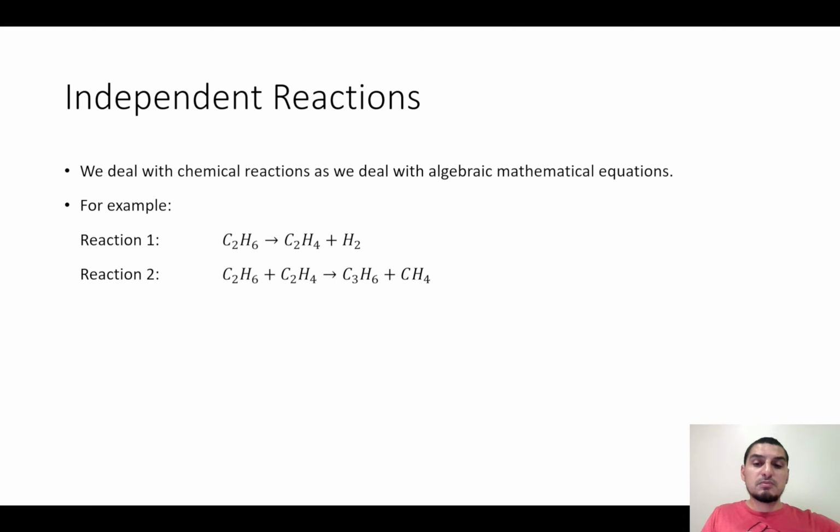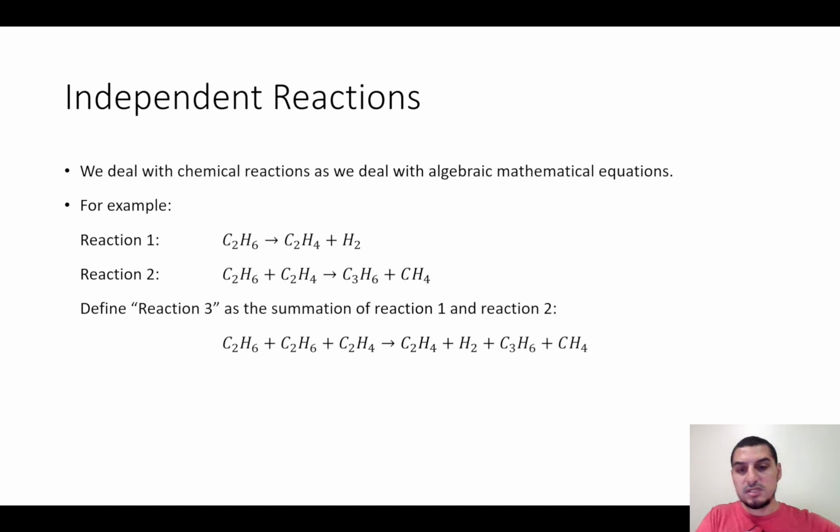We can come up with a new reaction that is the result of adding the two reactions. So if we add the two reactions, then we will add the left hand side components, and we will add the right hand side components, and this is going to be a new reaction.